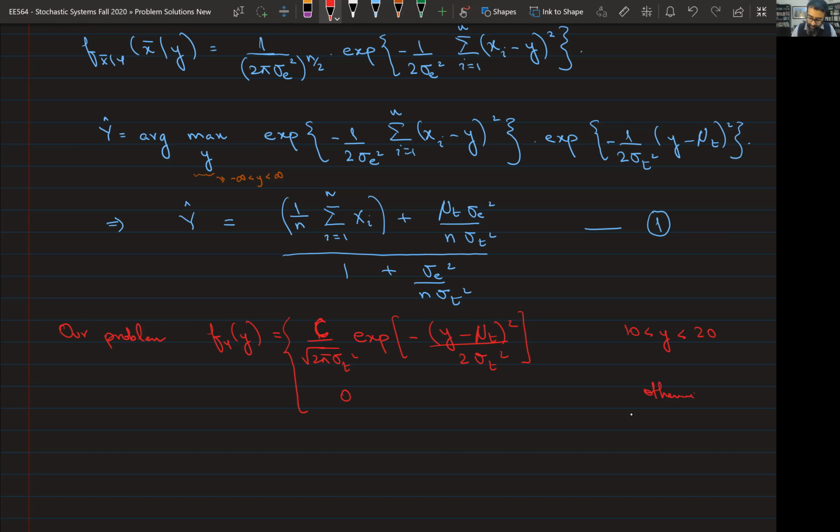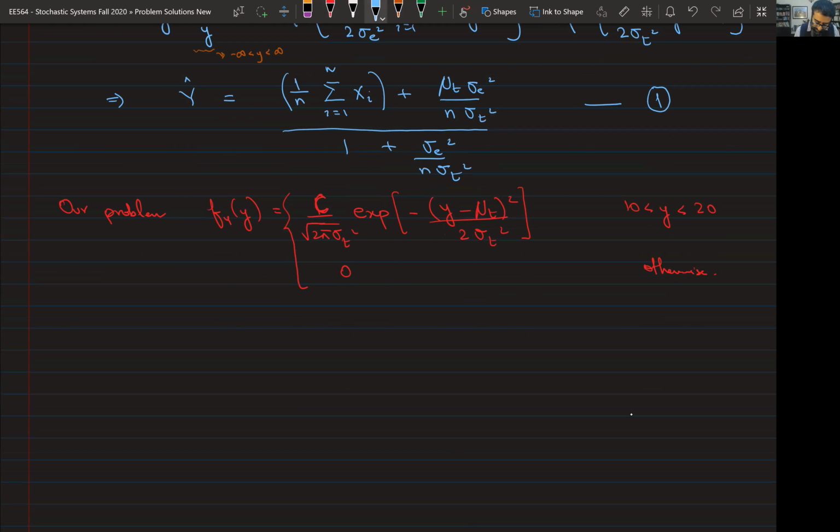Now, this is what we're working with. Otherwise, the problem is exactly the same. So when we do the optimization for this particular problem, I'm going to use MAP here, and let me use a tilde to ensure that this is different from the y hat that I have here.